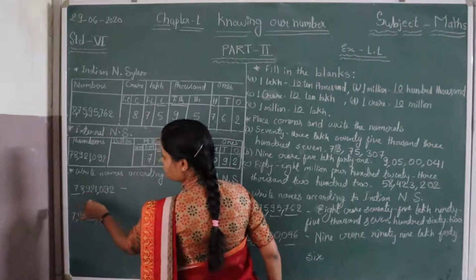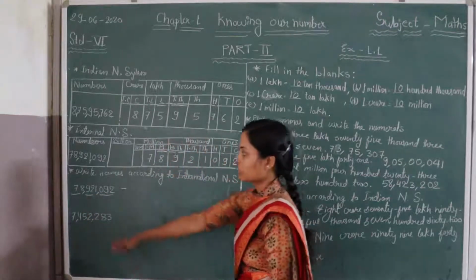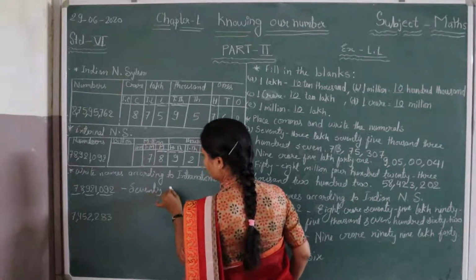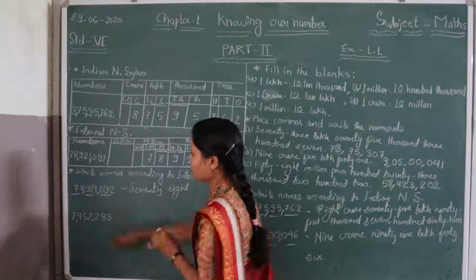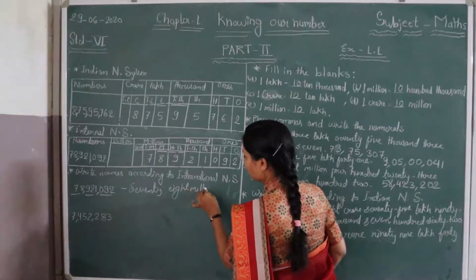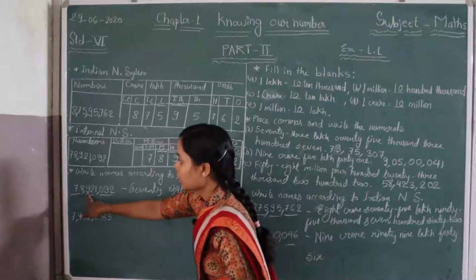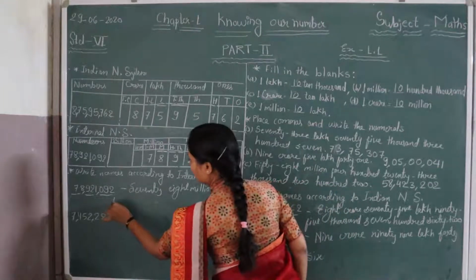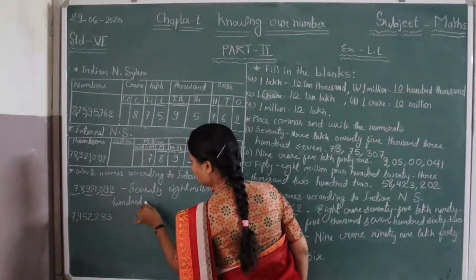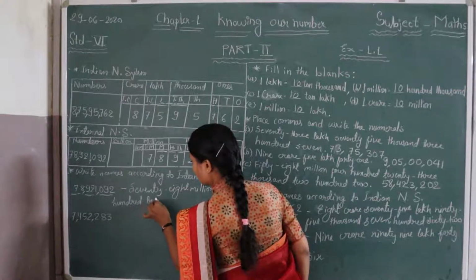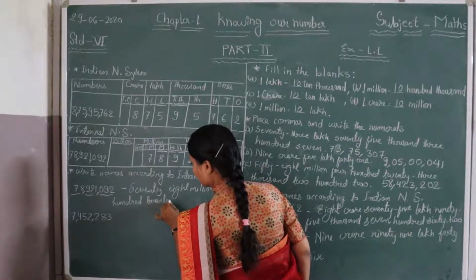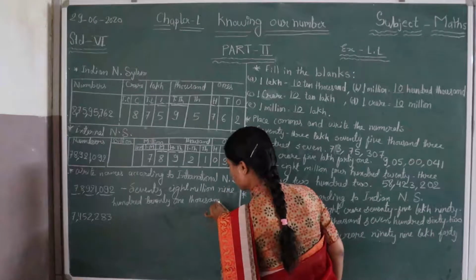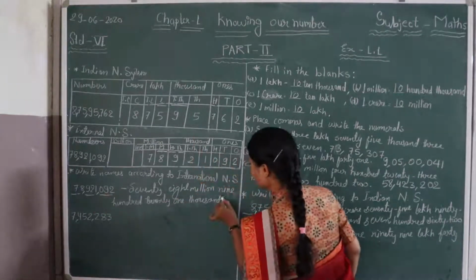This is the million place, this is the thousand place and this is the ones place. Okay, 78 million 921,000 092.